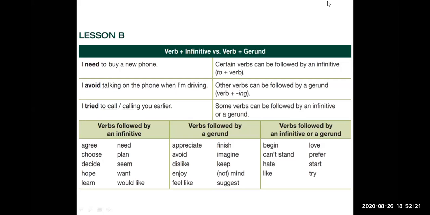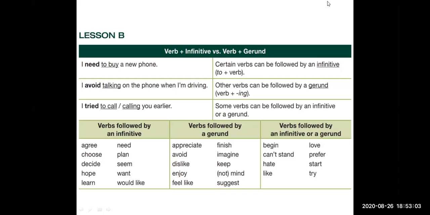Yes, teacher. The other thing is, in this case, I am not talking about the verbs that you can use ing or infinitive. I'm talking about a group of verbs that you have to know if they can be followed by a gerund or by an infinitive. You are not going to change these verbs. You are going to change the second verb. For example, if I say, I need to work, I am not saying I too need to work.